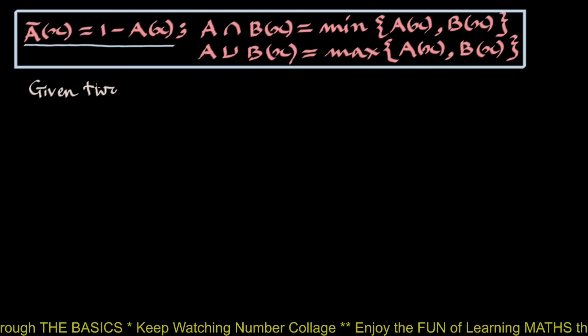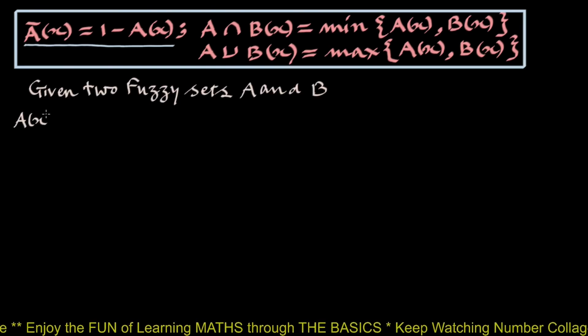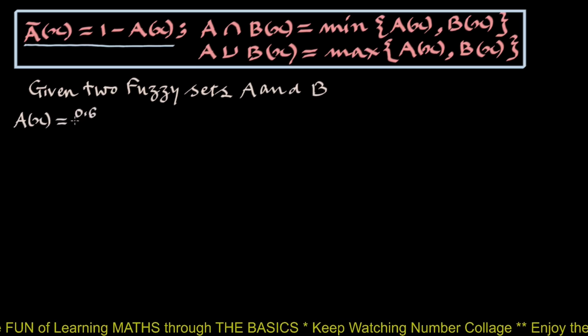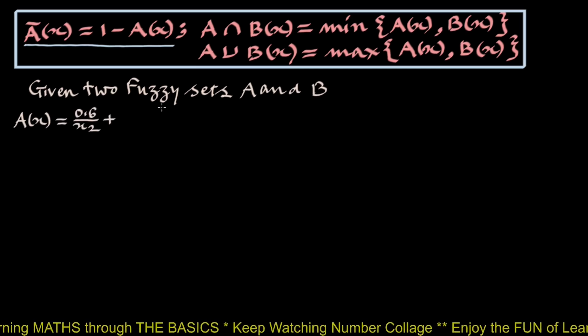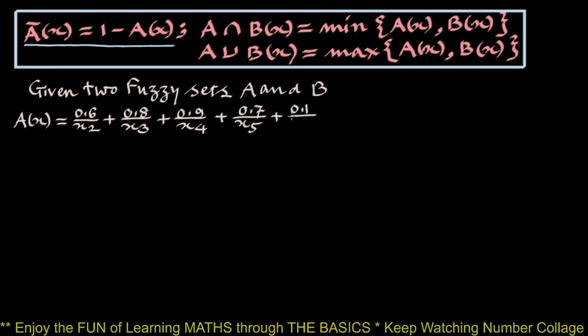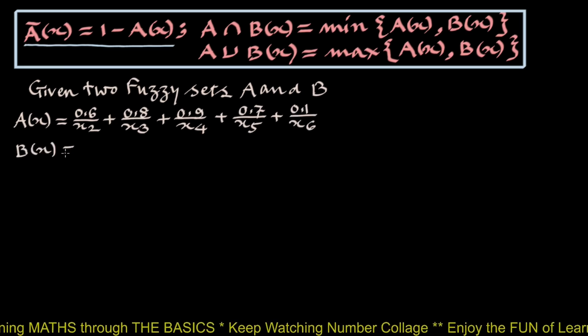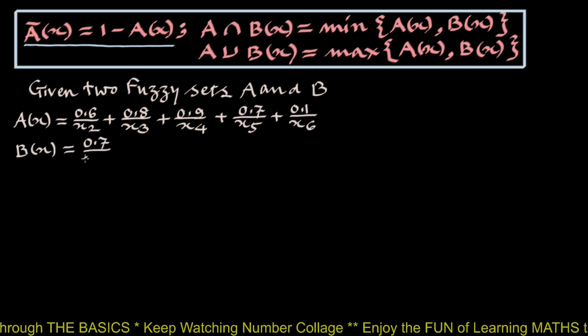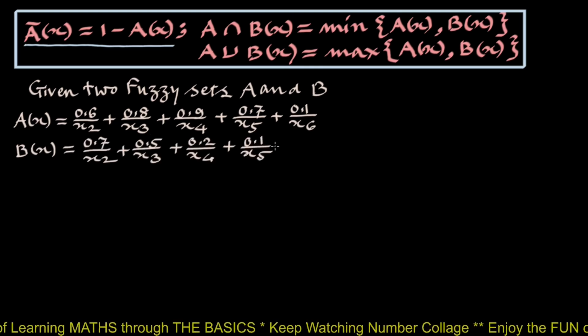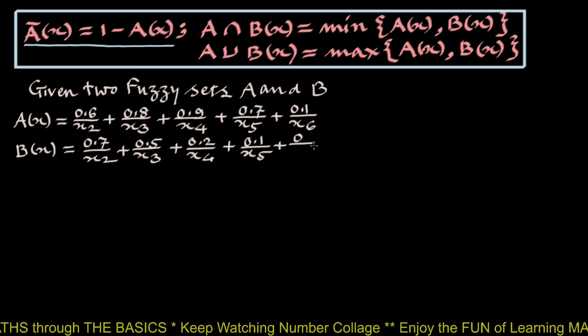Given two fuzzy sets A and B, A of x is 0.6 upon x2 plus etc. plus 0.1 upon x6. B of x is 0.7 upon x2 plus etc. plus 0 upon x6.